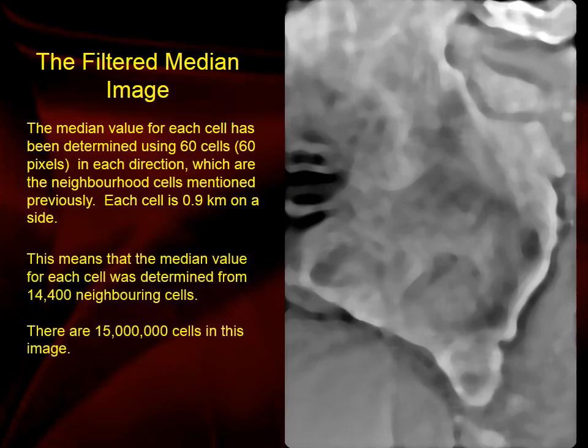This means that the median value for each cell was determined from 14,400 neighboring cells, and there are 15 million cells in this image. It took my computer 6 hours to create this filtered median image.